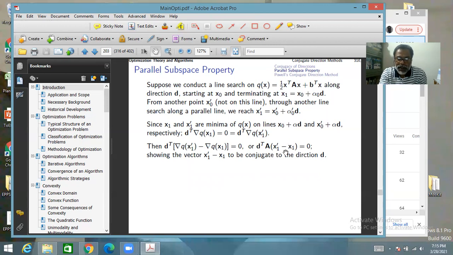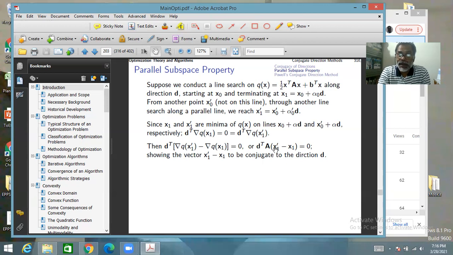Then this equation equal to 0 tells us that this step delta x, from this arrowhead to that arrowhead of the two parallel line searches, that vector is orthogonal to the direction d. Not orthogonal, conjugate. That is conjugate to the direction d. So this can be a way to generate new conjugate directions.